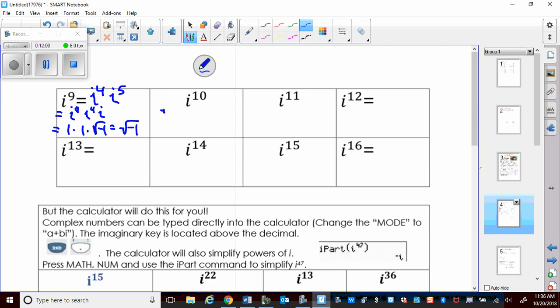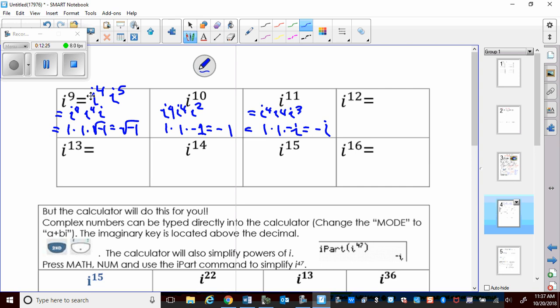Here I have i to the fourth, i to the fourth, i squared. So 1 times negative 1 equals negative 1. Here I have i to the fourth, i to the fourth, i cubed. So I have 1 times negative i equals negative i.